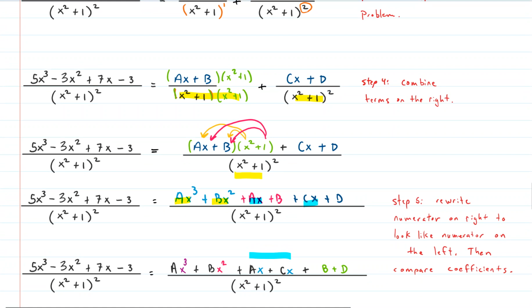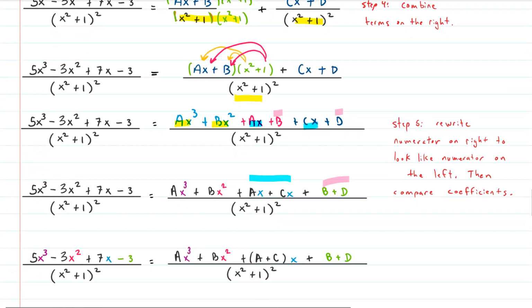And then all the terms without an x, we have b and d, and we put those together as well. So we've gathered everything together: all the x cubed terms, all the x squared terms, all the x terms, and all the terms without an x.